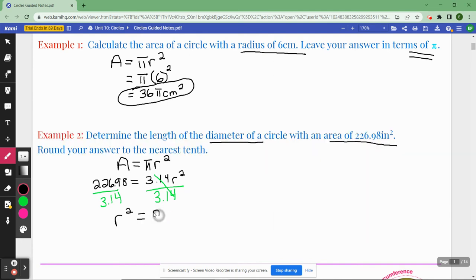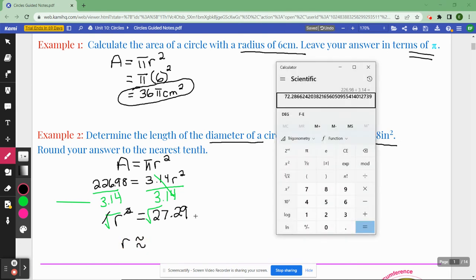So let's go ahead and put that in, 72.29. And then in order to get rid of the square, we are going to take the square root of both sides.